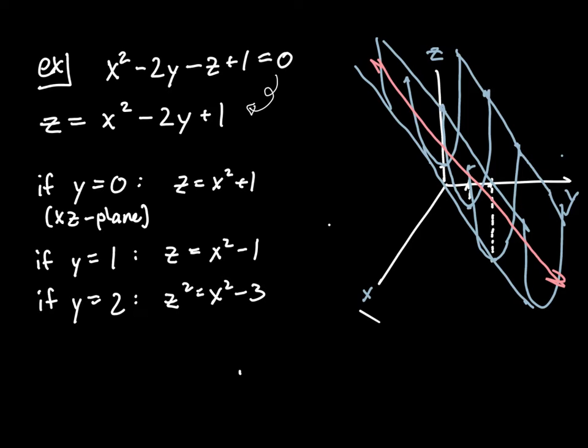This shape, in fact, is called a parabolic cylinder. It's another type of cylinder, but this time the generating shape is a parabola. So cylinders are not just circular cylinders. There can be any sorts of cylinders.